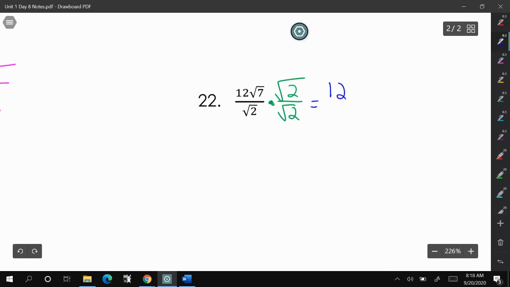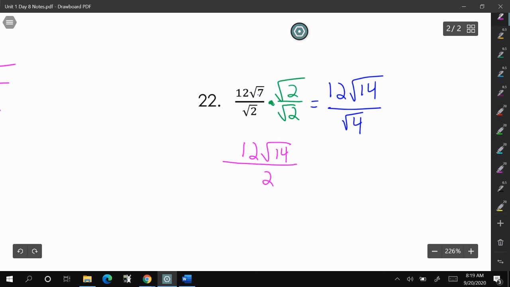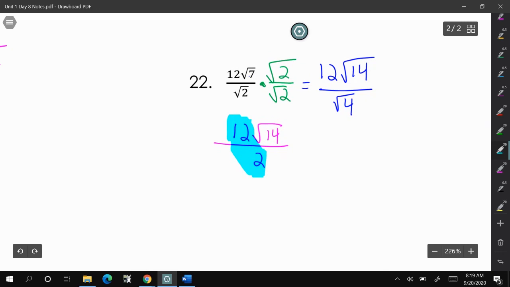So 12, 7 times 2 is 14, so we get the square root of 14 over the square root of 4. The square root of 4 is 2. And now since both of these two numbers are out of the square root, we can simplify those and say 12 divided by 2 is 6.